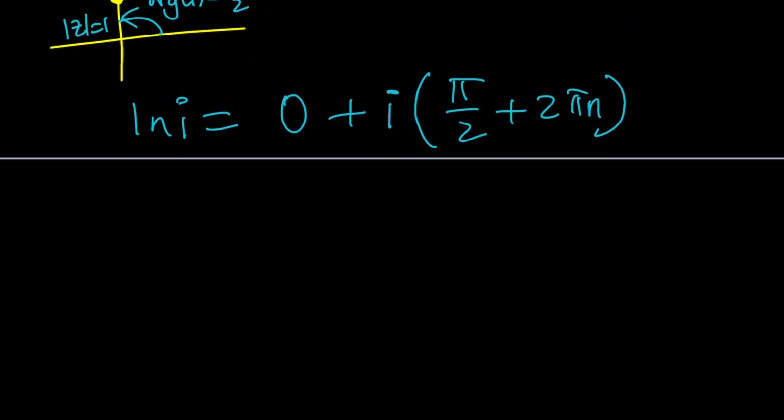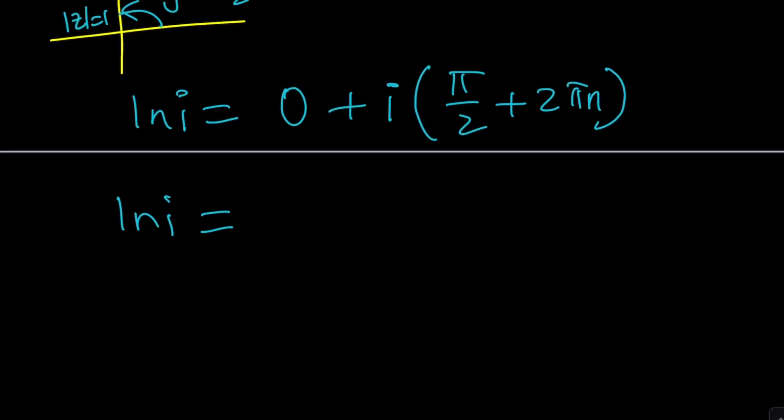And if you forget about the 0, you're going to get ln i equals i times (pi over 2 plus 2 pi n). In other words, ln i divided by i is real, but it's multi-valued. Okay? So let's go ahead and plug this into our expression.